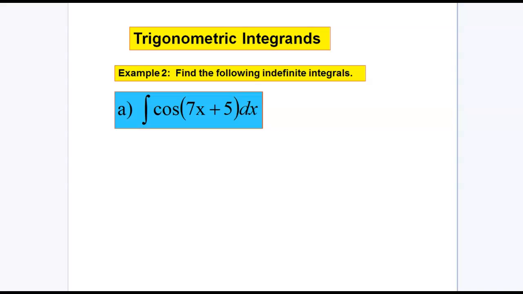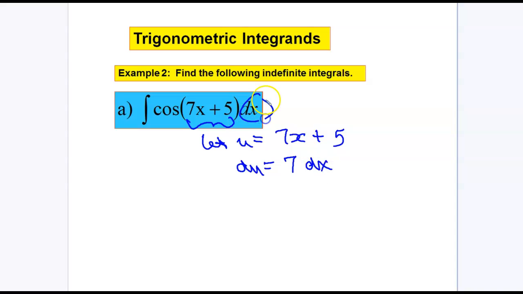Okay, we can do the same thing for our trig integrands. If I wanted to do a u substitution, again, I could let u equal 7x plus 5. Du is going to be 7 dx. I just want to get dx by itself, so I divide both sides by 7.